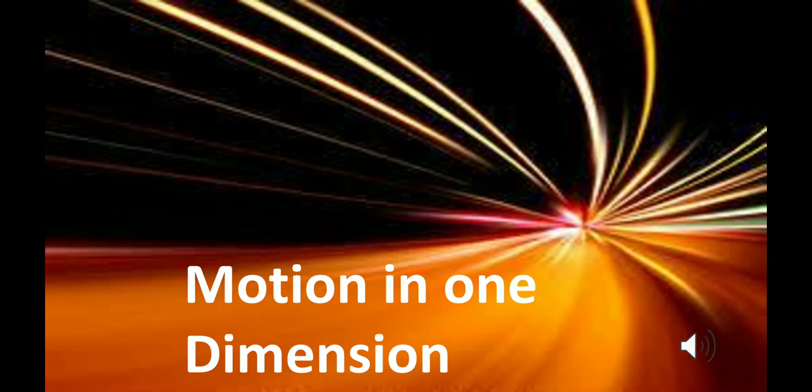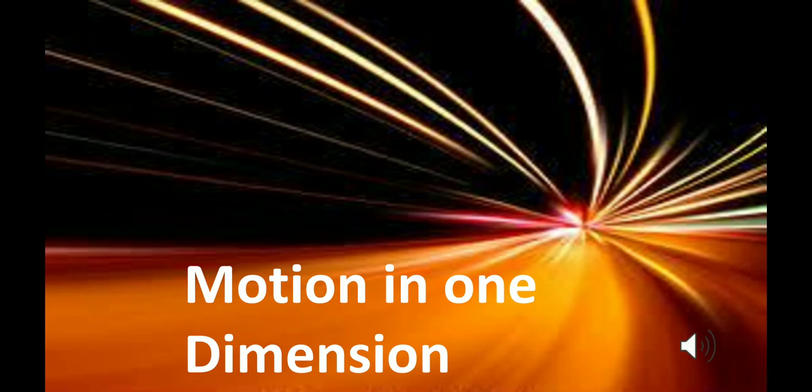Now, if any body is moving on a straight road, in a straight line, in one direction, such kind of motion is known as one dimension motion. One dimension, you know dimensions?